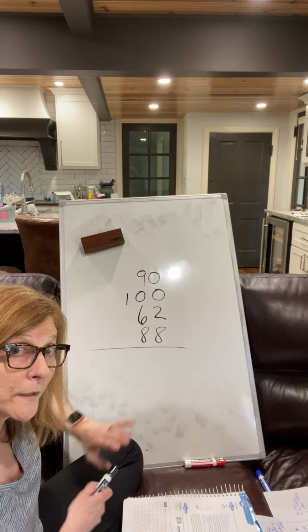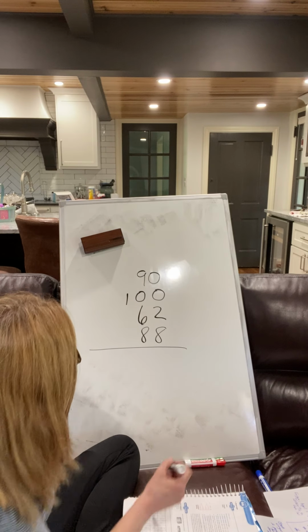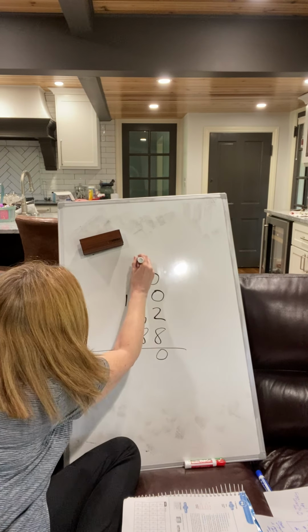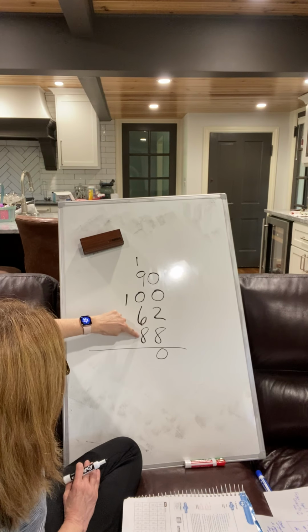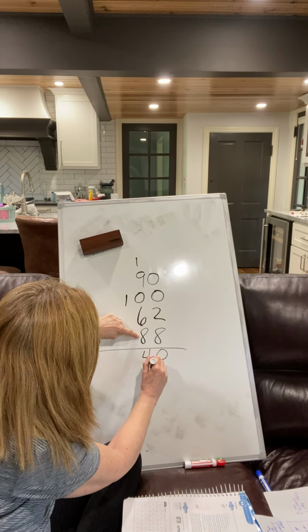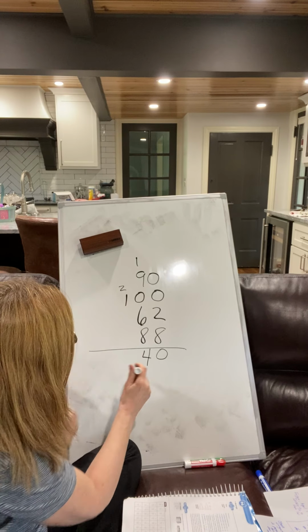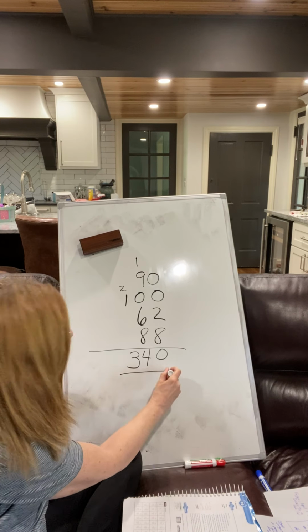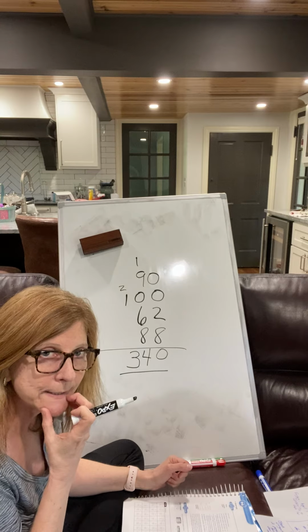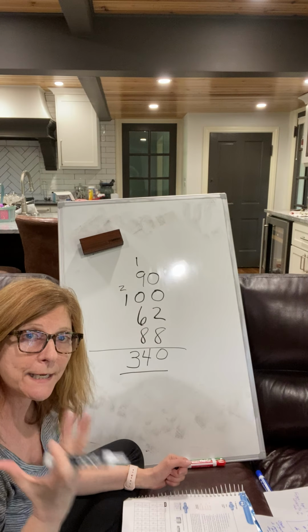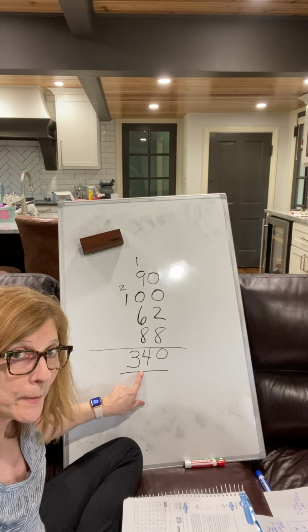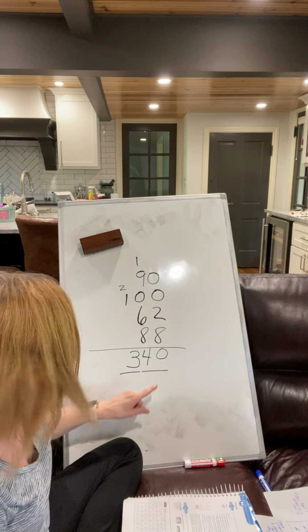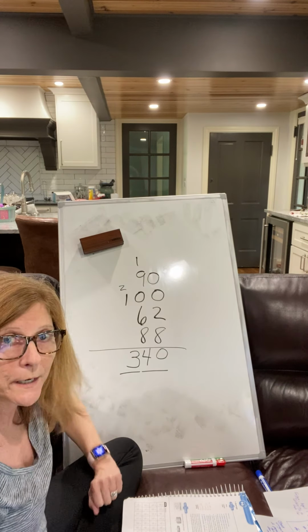So like if this were the case, 2 plus 8 is 10, 9 and 1 is 10, 16, 16 and 8 is 24. So you have a total of 340 points. Now, what I then do is I take that 340 and I divide by however many tests you took. You took 1, 2, 3, 4 right here.